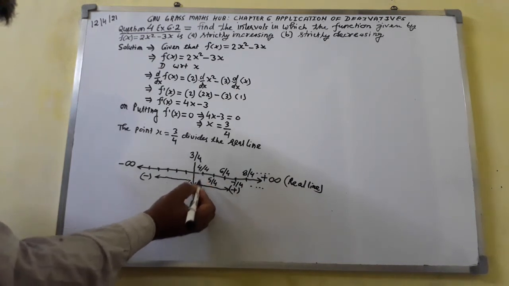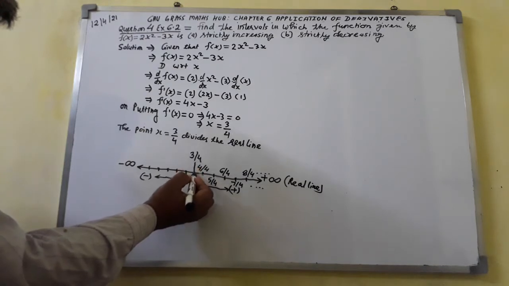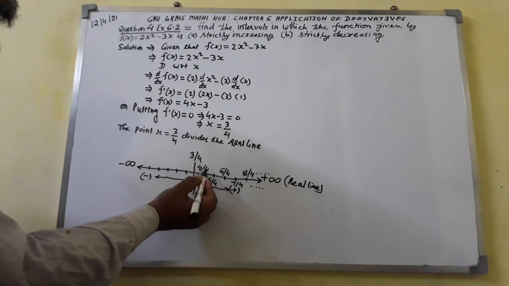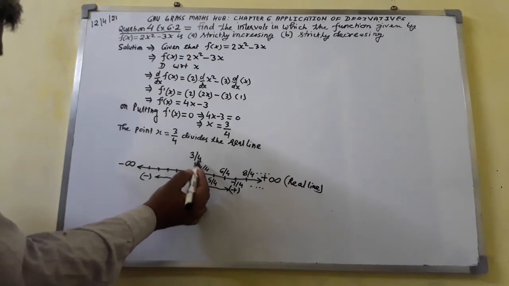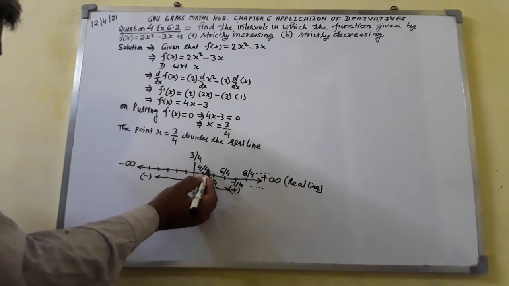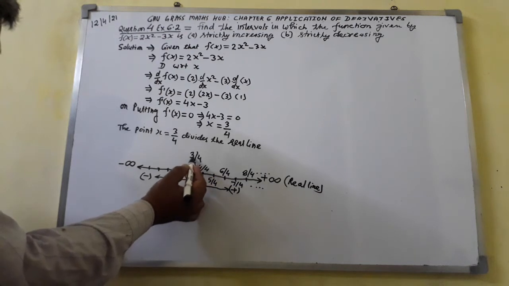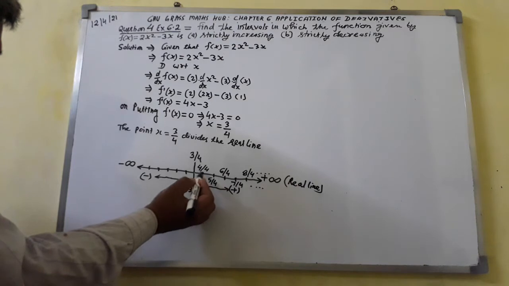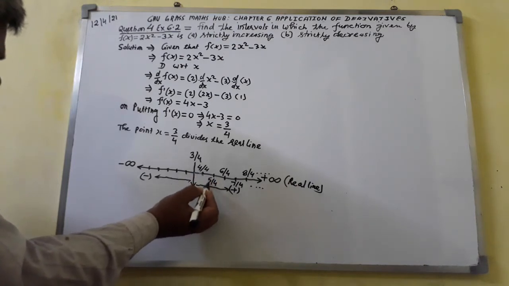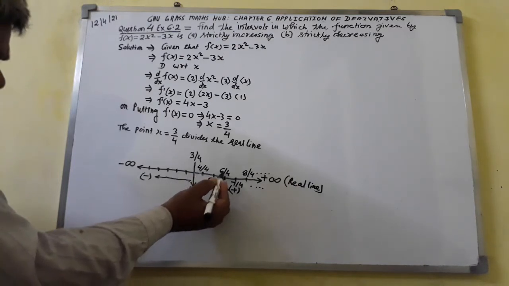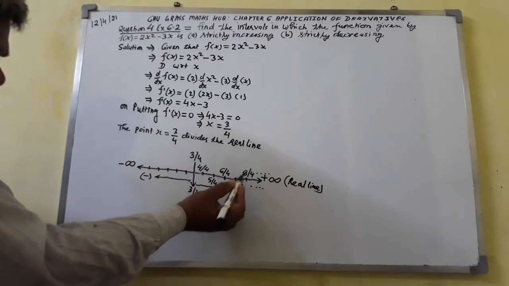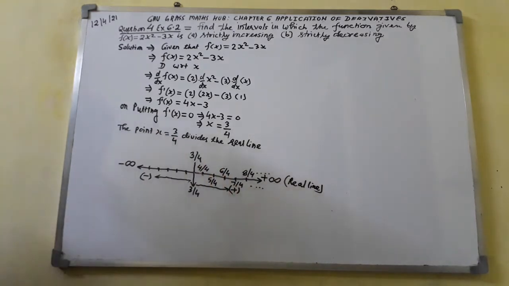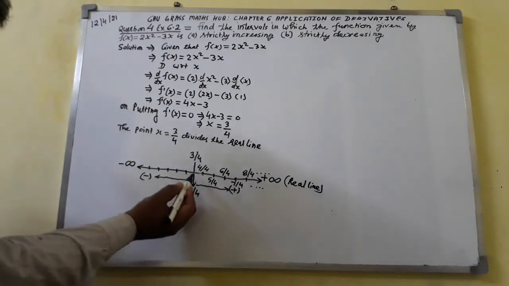So at this point is 3 over 4, this point will be 4 over 4, then 3, 4. The denominator will be the same. Again this point 4, 5, then 5, 6, 6, 7, 7, 8. The denominator will be 4.